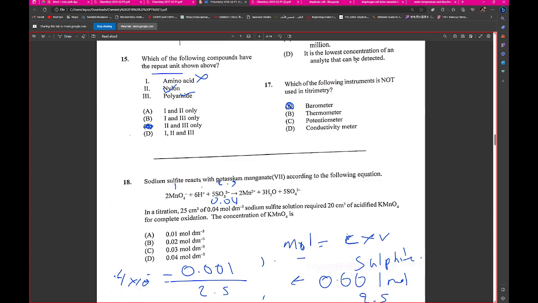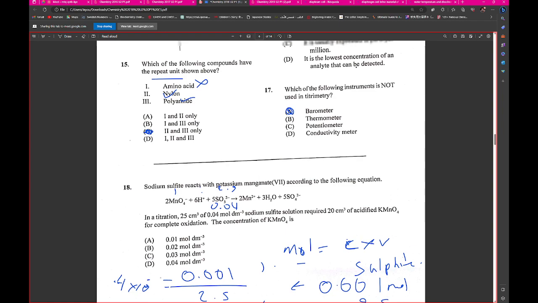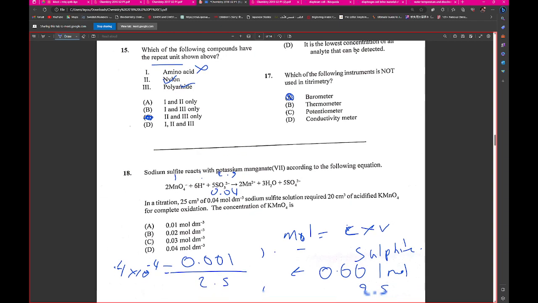Yeah, you would. You should have dm cubed. The value that you got is just the amount of moles, so you've got to now divide it by 0.02 dm cubed.